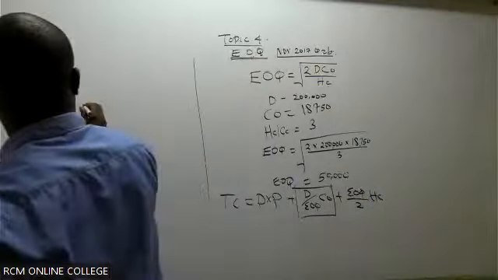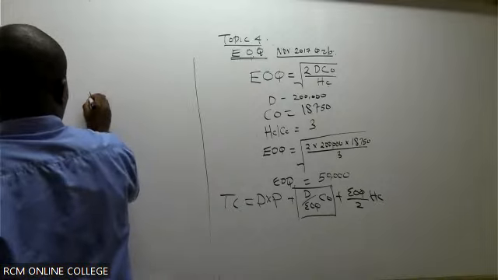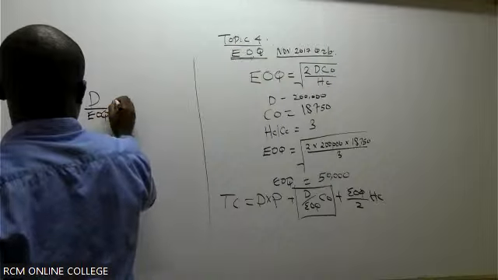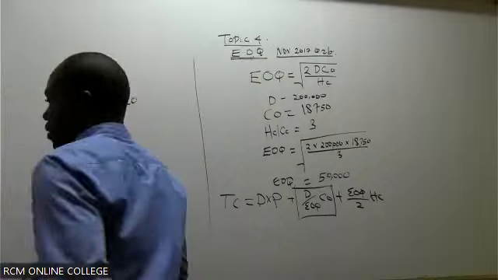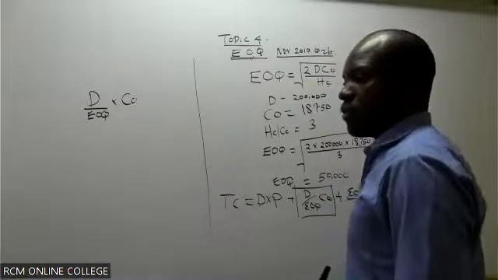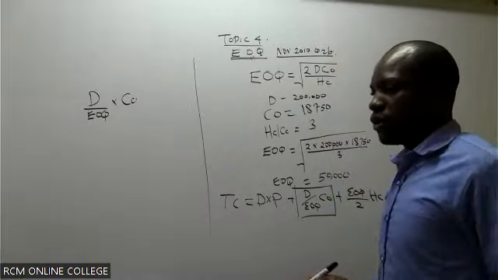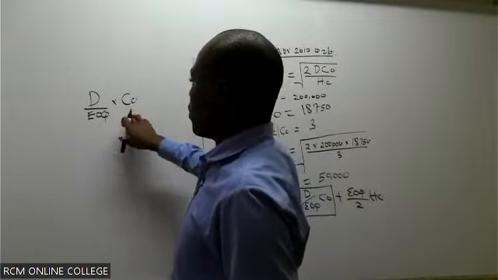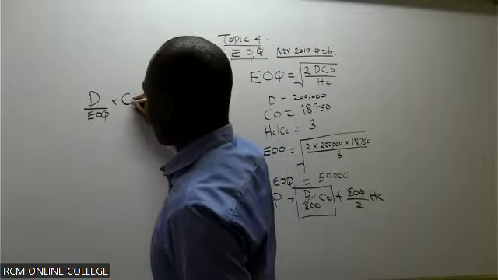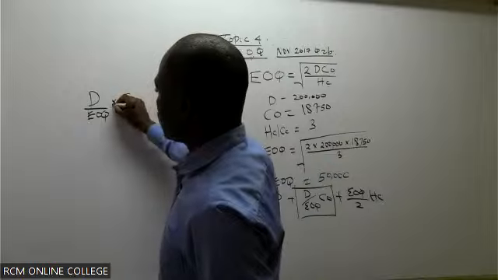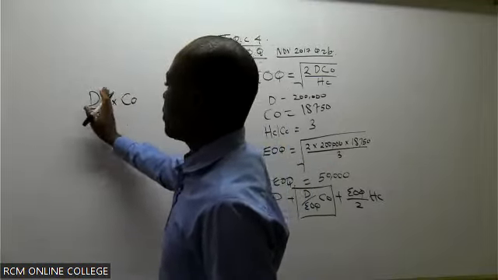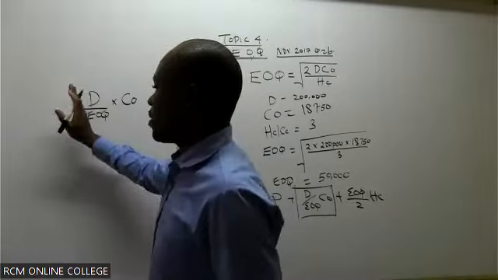Demand divided by economic order quantity. And you're able to see we are multiplying by ordering cost per order, not total ordering cost. This is cost per order. Anytime we make an order, we are incurring this particular cost. So for us to get the total ordering cost, we take cost per order multiplied by the number of orders.